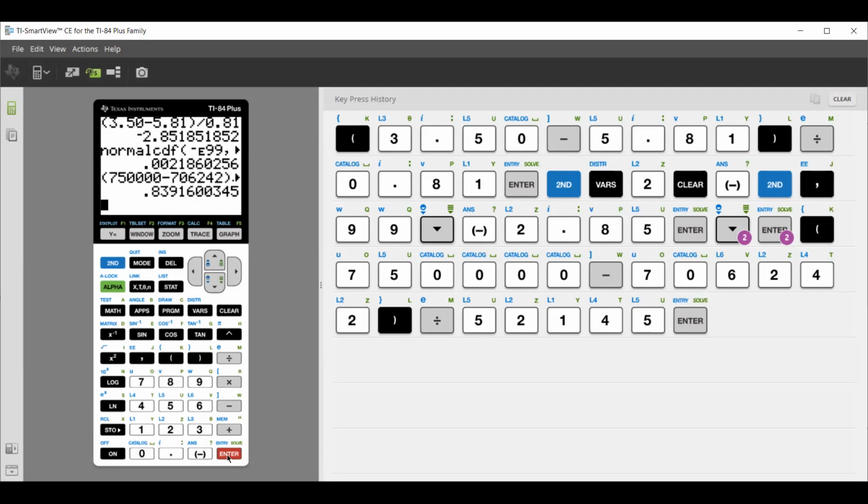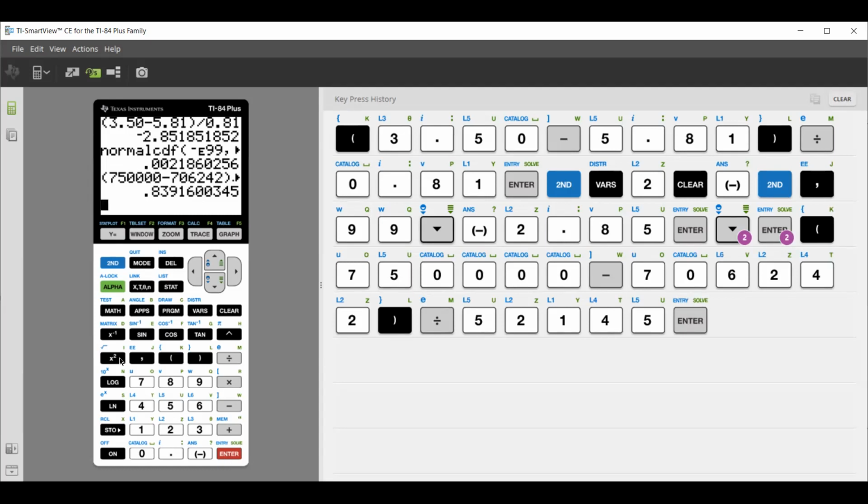If we round to two places, what is our z-score here? 0.8391. Okay, our z rounds to 0.84.